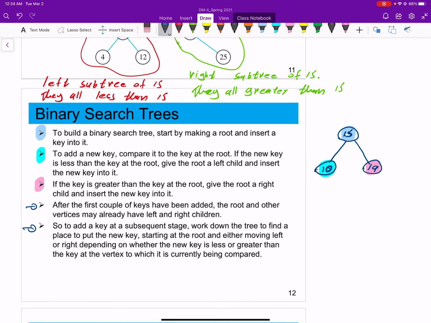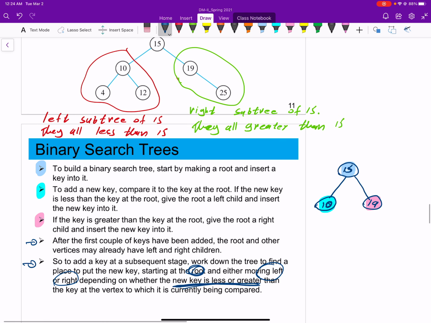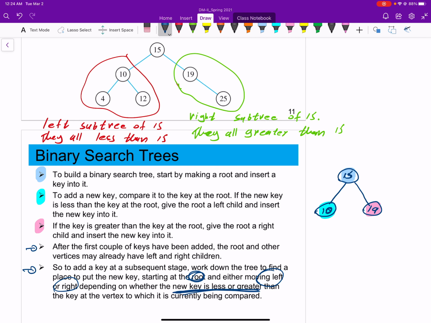We always start at the root, and move either left or right, depending on whether the new key is less or greater than the key at the vertex to which it is currently being compared. You have to keep this going. As an example, if you are going to add 12, you could just start from here.